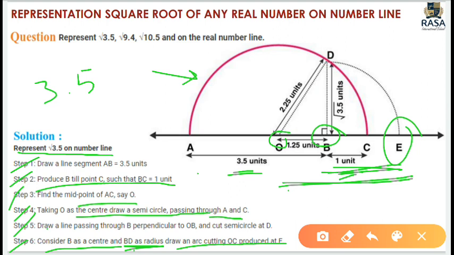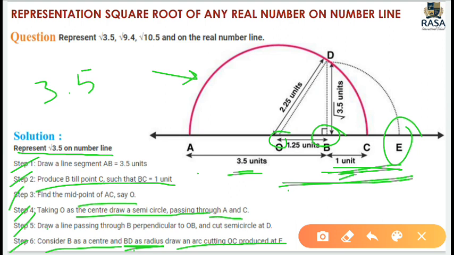Okay, then what we have to do, we have to draw a perpendicular which passes through point B, and that perpendicular is on line segment OC. ठीक है, और आप बोल सकते हैं OB, क्योंकि ये पूरी एक लाइन सेगमेंट है OC और उसका एक पार्ट है OB. हमें B पॉइंट पे एक परपेंडिकुलर बनाना है.